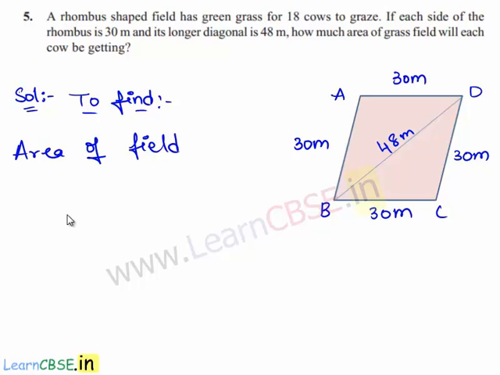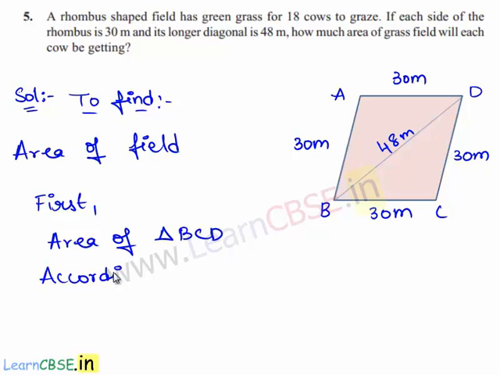To find the area of the field, we shall first find the area of triangle BCD. We can find the area of triangle BCD according to Heron's formula.